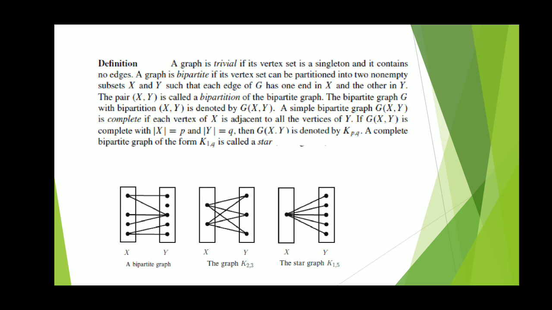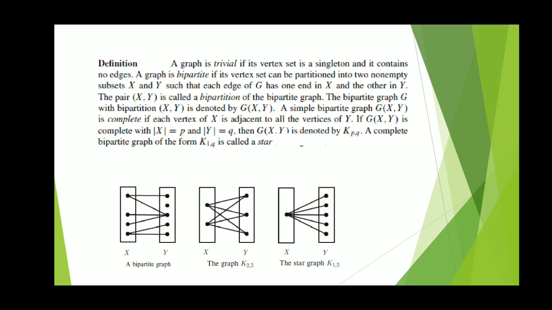The pair X, Y is called the bipartition of a bipartite graph, and it is denoted by G of X, Y with a bipartition X, Y. So, for a given set of vertices, just split the vertices into two sets X and Y and make the adjacency from the vertices of one set to the vertices of the other set.